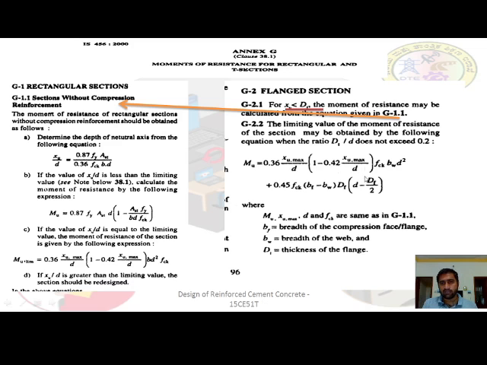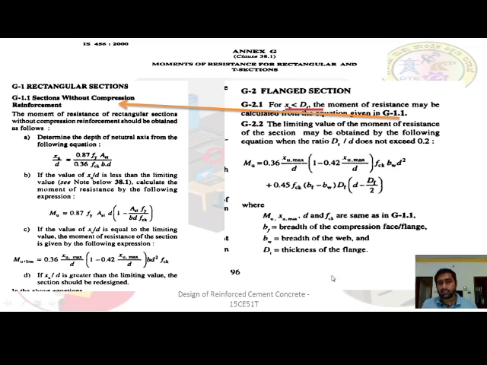If DF by D does not exceed 0.2, which is case 2, step number 3, when the section is over-reinforced, this equation is given on page number 96. You can go directly and pick the formulas. There is no need to remember them by heart.